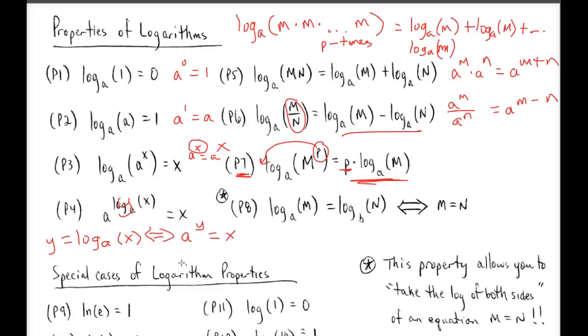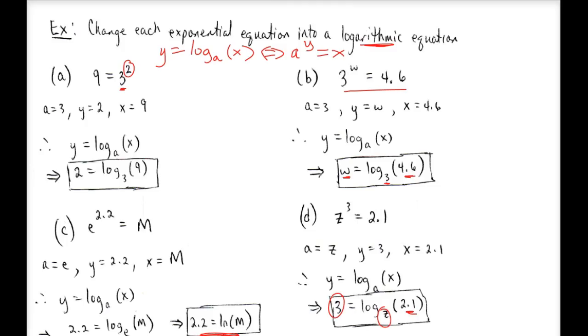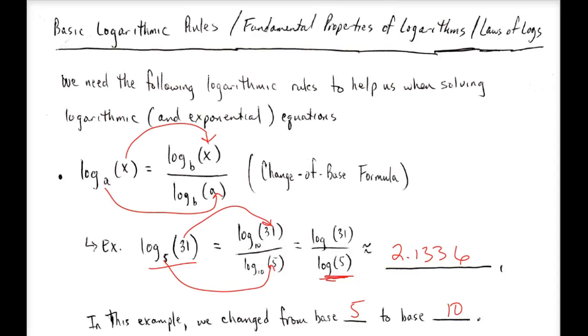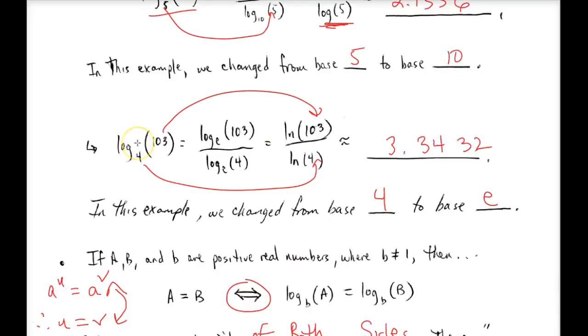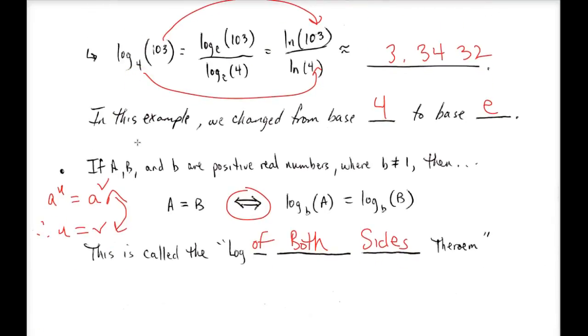Of course, property 8 says basically the same thing that we talked about earlier, and I'll go back to that particular area so that you can see that. So here, when we said that if A is equal to B, that is true if and only if, that's what that double arrow means, log base B of A is equal to log base B of big B. And of course, this goes along with the log of both sides theorem.